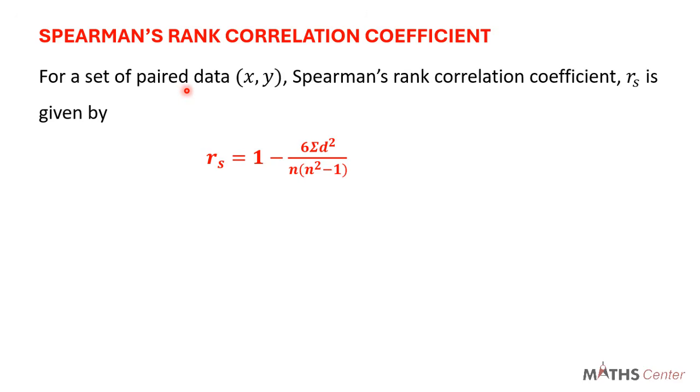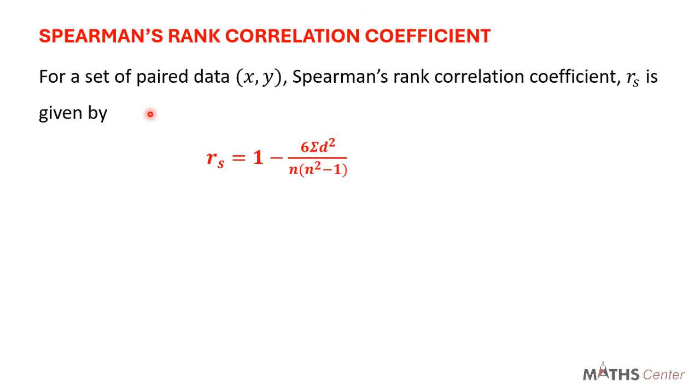For a set of paired data, x and y, Spearman's rank correlation coefficient, Rs, is given by Rs is equal to 1 minus 6 sigma d squared divided by n into bracket n squared minus 1.